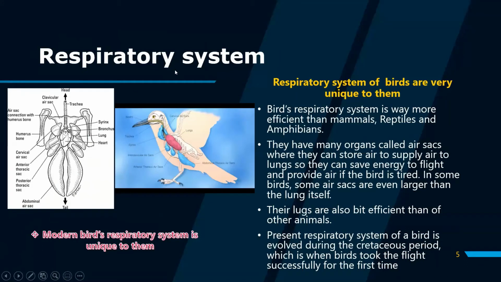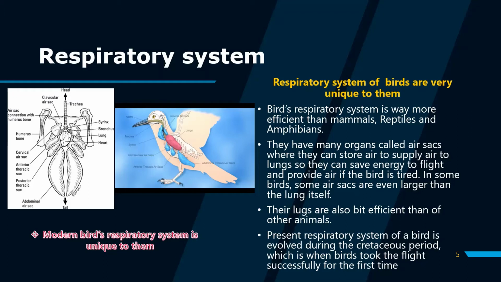So now let's see the respiratory system. This is a bit unique to them. This is not like that of any animal on earth. This system consists of lungs and other parts that no other animal on earth has. It's much more efficient, and the breathing technique is much different from other vertebrates and invertebrates.